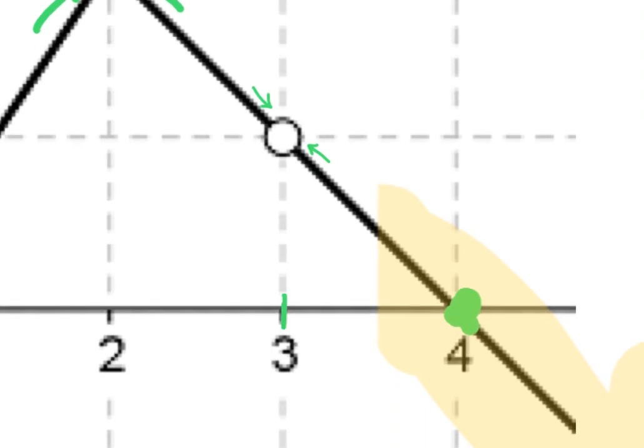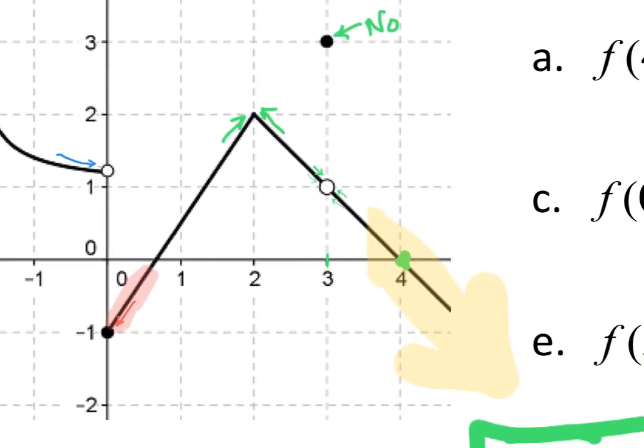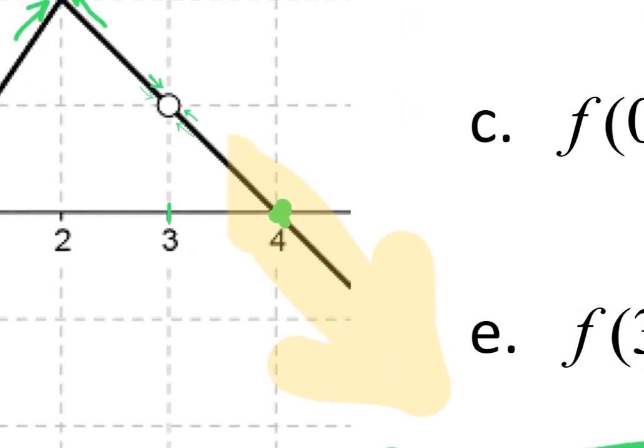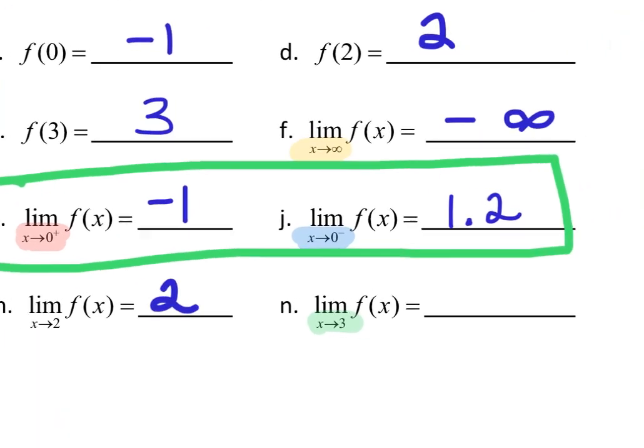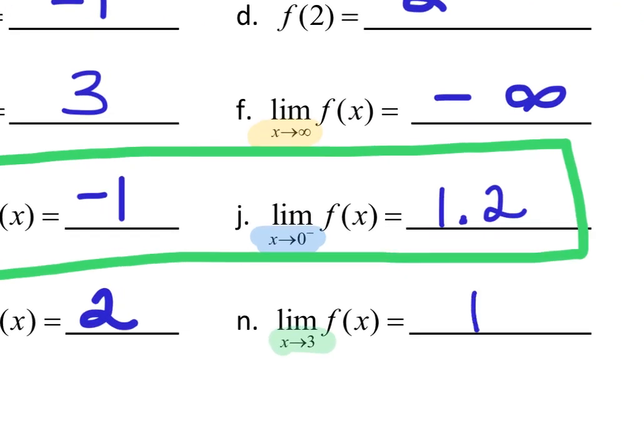So if this is x equals 3, as x approaches 3 from the left, as x approaches 3 from the right, the y value approaches 1. It has nothing to do with this up here at all. And so your answer for this last one, the limit as x goes to 3, is positive 1.